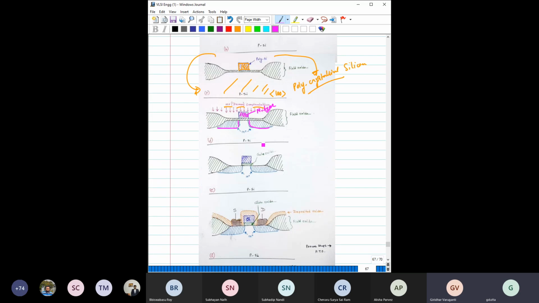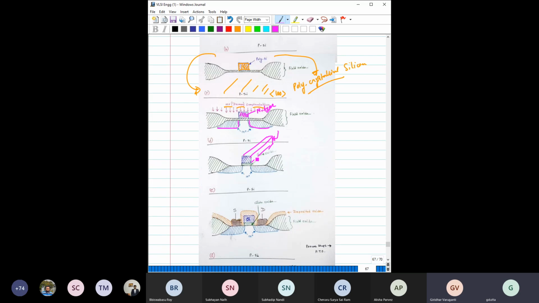You have to understand this gate line in a 3D view. So this is the gate pattern, right? If you are connecting some potential here and the resistance is high, then this is the resistance and this is the capacitance, right? So this resistance also plays an important role in determining the RC delay.